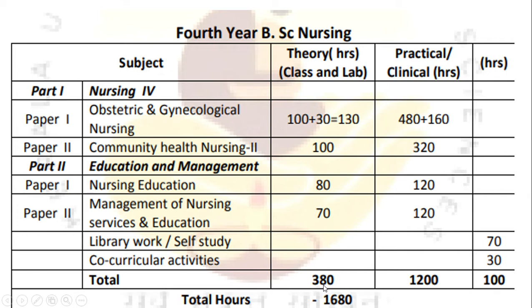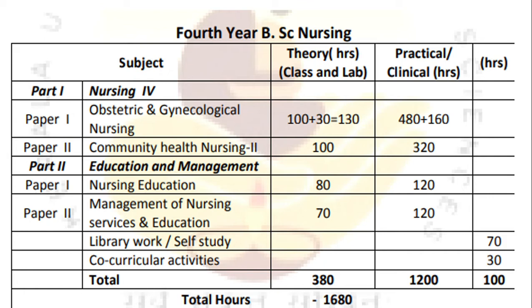So 380 plus 100 we have to finish in the classroom settings. Previously we have seen the total given hours is 1680. In that 1680 we have to spend nearly 480 hours in the classroom, which is the total theory of 380 plus 100 hours for self-study and co-curricular activities.